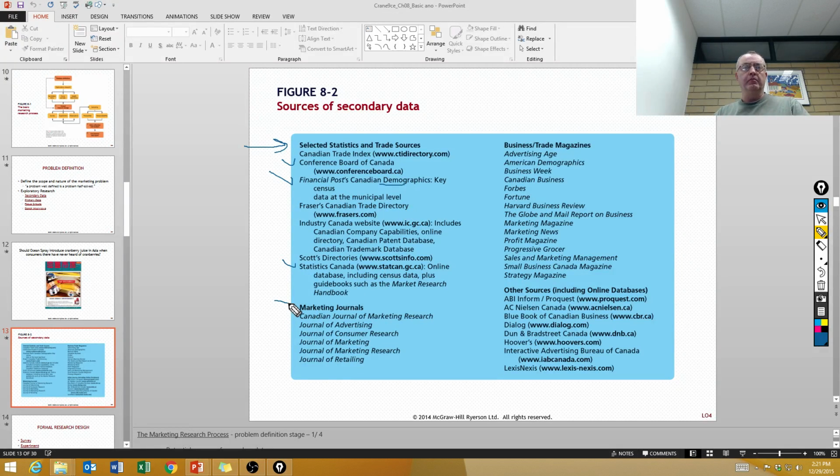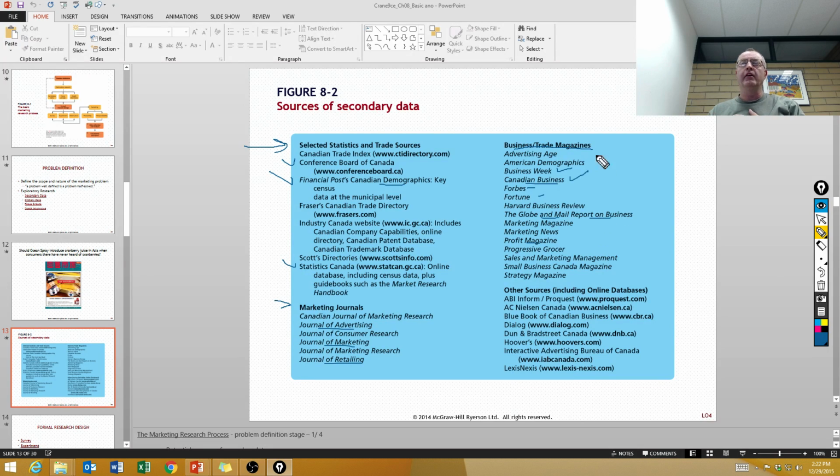Or there might be some academic journals out there, Journal of Advertising, Journal of Marketing, Journal of Retailing, that might have some articles about the issue that we're interested in. Or there might be some business or trade magazines that have articles that address our topic. So American magazines, Business Week, or Canadian magazines like Canadian Business, Profit Magazine, Forbes, Fortune, the publications, Globe and Mail, Report on Business, or Financial Post.